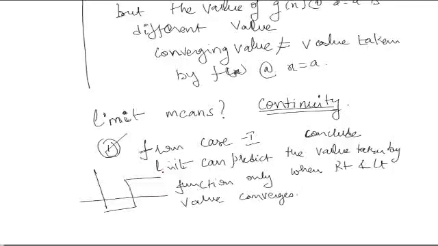That was our case 1. We were getting different values when we travel like this and like this. We were hitting different values.